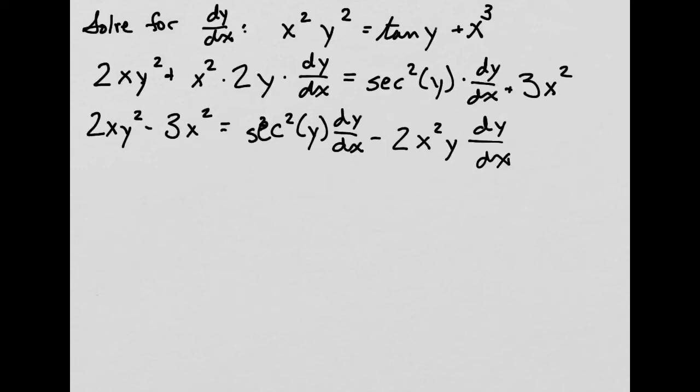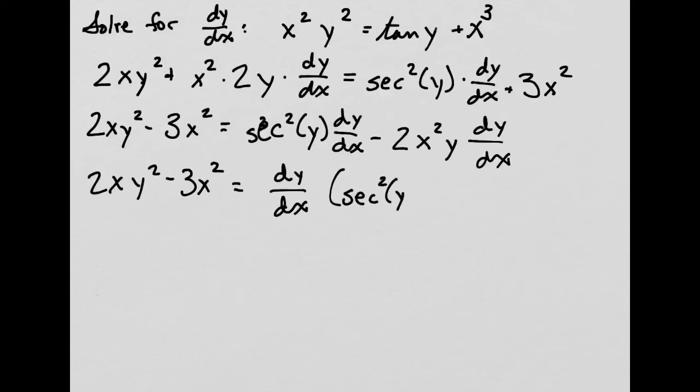And then I'm going to factor out that dy dx. So dy dx times secant squared of y minus 2x squared y. And then I divide by that thing to get dy dx on its own.